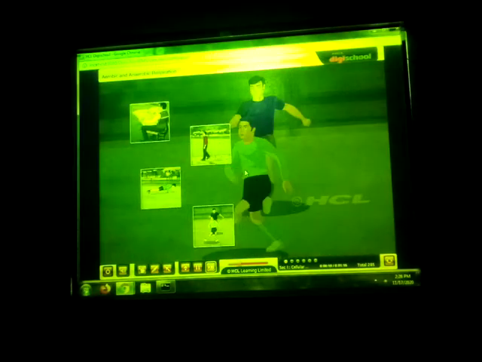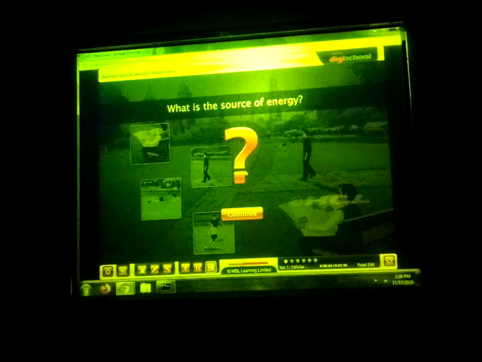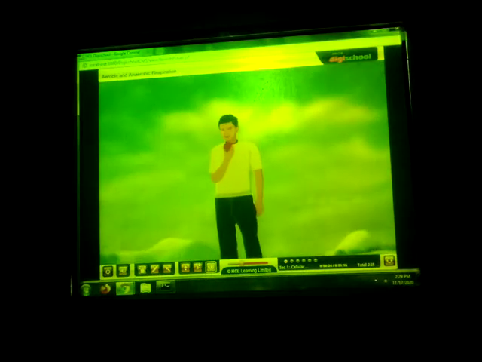We need energy to perform all our activities. Do you know from where we get this energy? We get this energy from the food we eat.